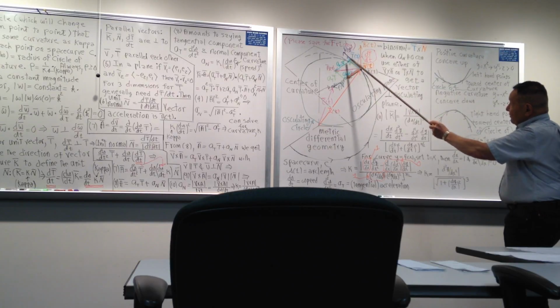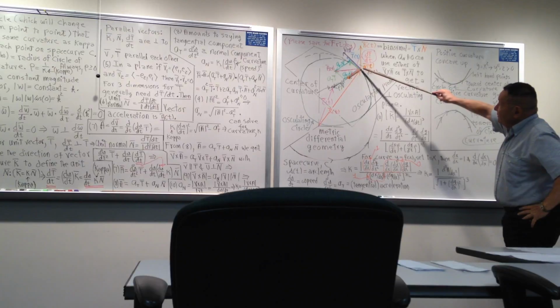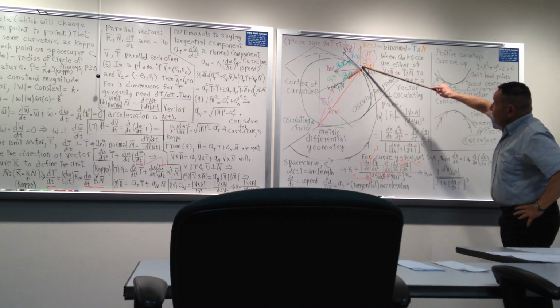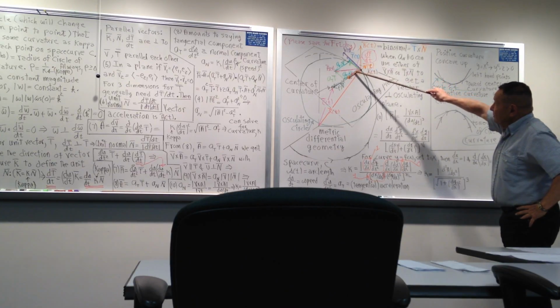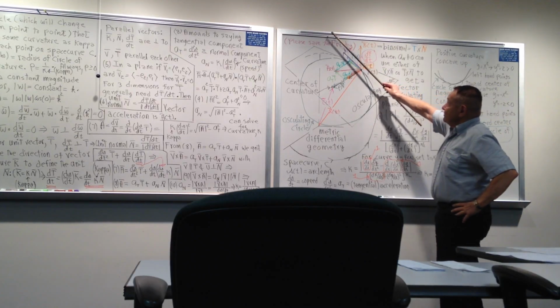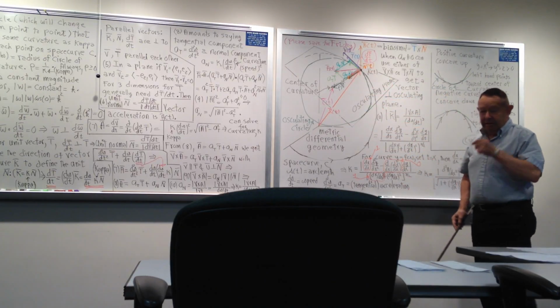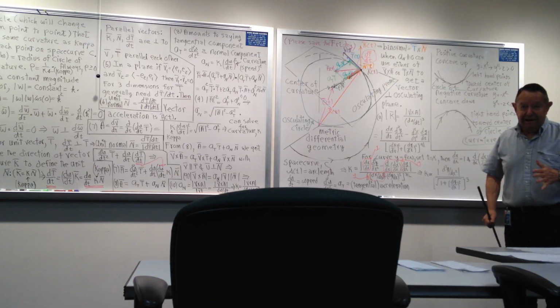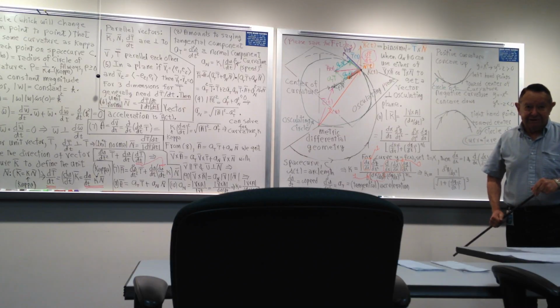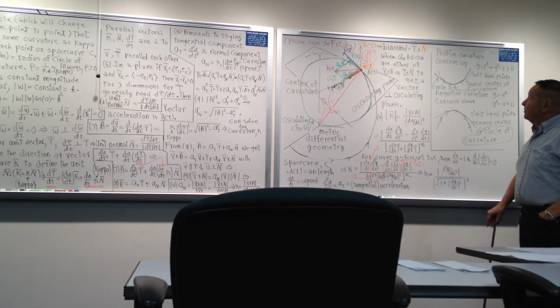So V cross A, say. The only time that would fail to get the normal to the plane would be if your acceleration were entirely in a straight line, so that the V and the A would be on the same line, then your cross product would be zero.